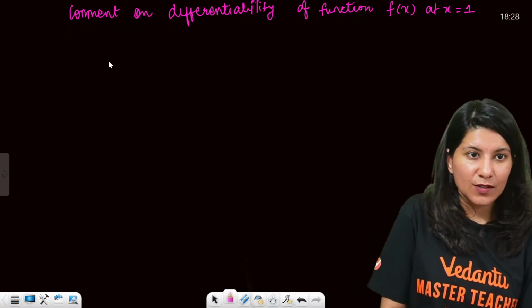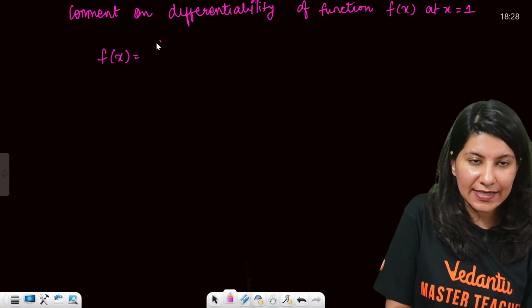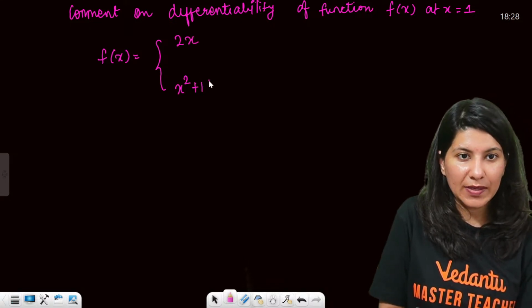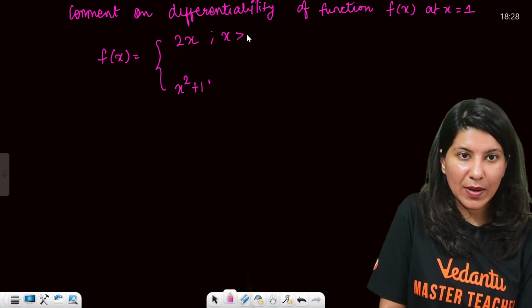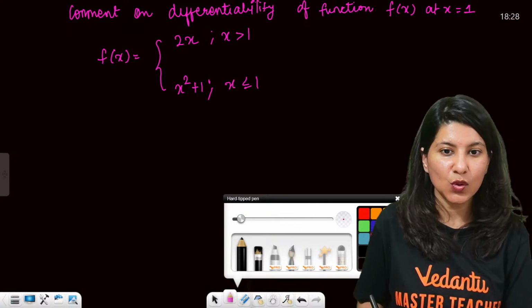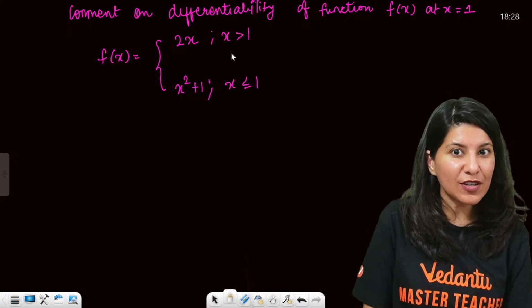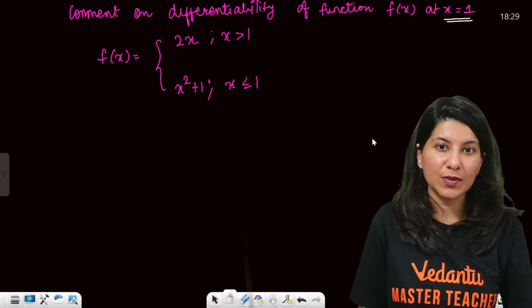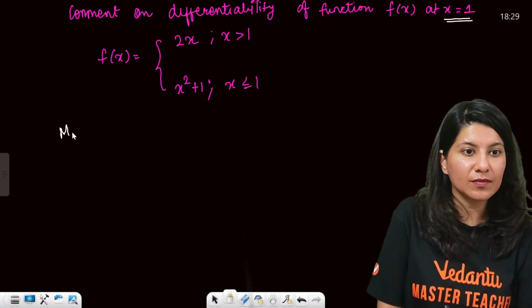Your function is f of x equals to 2x when x is greater than 1, and x square plus 1 when x is less than or equals to 1. Cool, perfect. So this is your function and you're here to know the differentiability of the function at x equals to 1. Now method number 1.